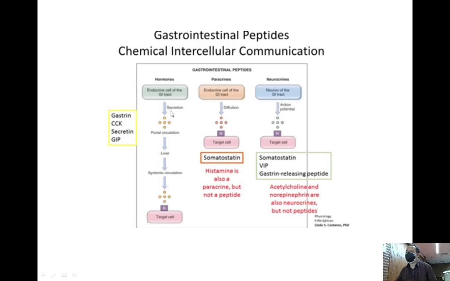All right, or hormone secreting at one point of the GIT and acting on the other point of the GIT, and hormones secrete into the blood. So all these hormones, gastrin, CCK, secretin, GIP, are secreted in some part of the GIT and then carried by the blood and act on the distant cell.